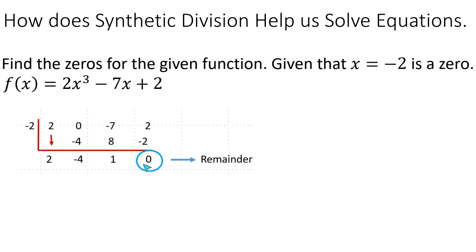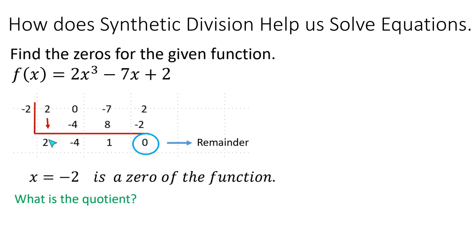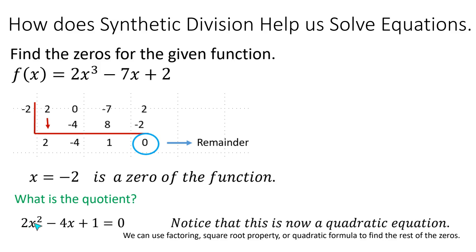Now what we want to do is take our quotient. If we had x cubed, we're going to start with x squared. So we end up with 2x squared minus 4x plus 1. Now what do we notice about our quotient? It's actually quadratic. We have different ways to solve a quadratic equation.